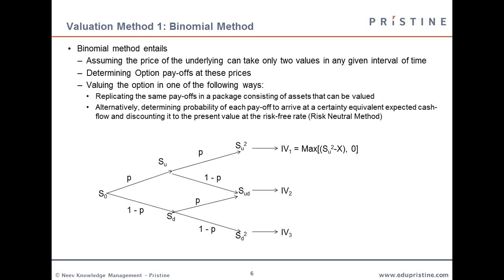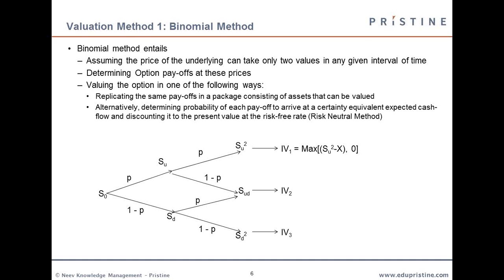So basically that's the assumption here. And then in this method, we first try to find the payoffs at these prices given, and then based on the payoffs we'll try to value the option. Valuing the option here, we can do it in two ways. First is the replicating portfolio method that I'm going to discuss now, and then the second is the risk neutral method, wherein we try to find the probability and then proceed using the discount at the risk-free rate.